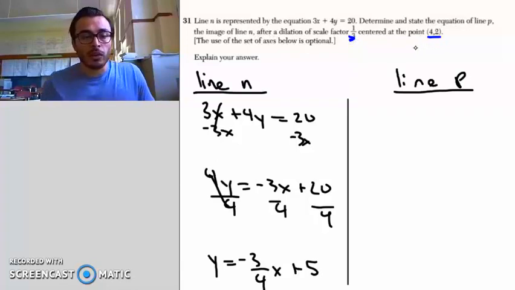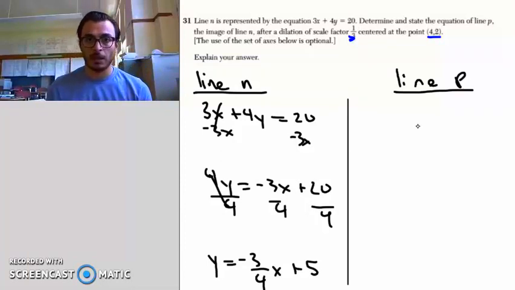So there are two things you need to remember when you're dilating a line in a coordinate plane. If the center of dilation is at the origin, you will only multiply the y-intercept. If the center of dilation is on the line, then you will get the same exact line. So the question now becomes, is the point 4, 2 on this line?